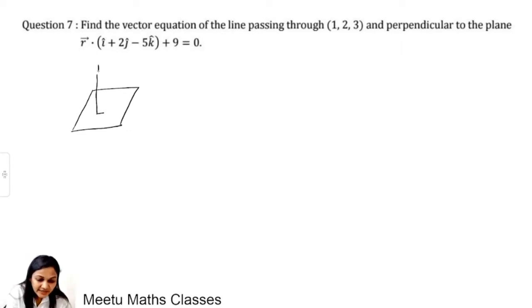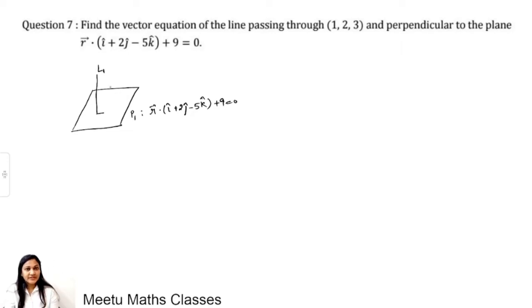The required line is line L1 and this is plane P1. Your plane P1 is r dot (i plus 2j minus 5k) plus 9 is equal to 0. And you have to find the vector equation of L1 which is perpendicular to this plane.